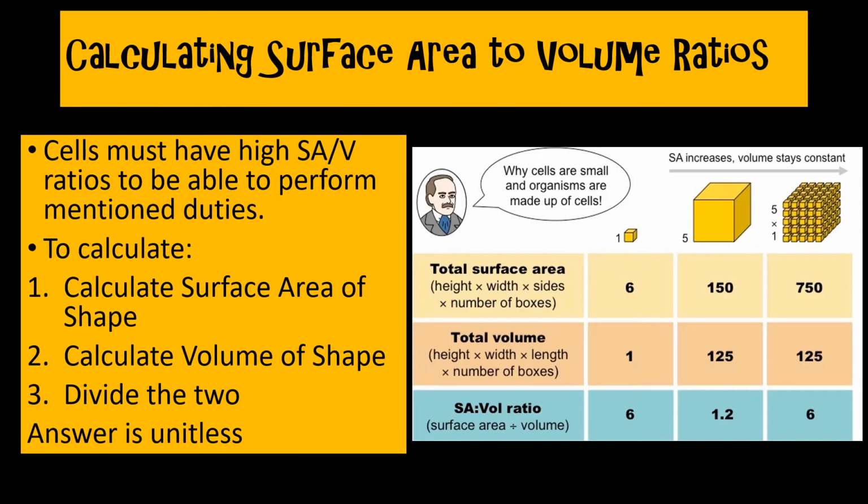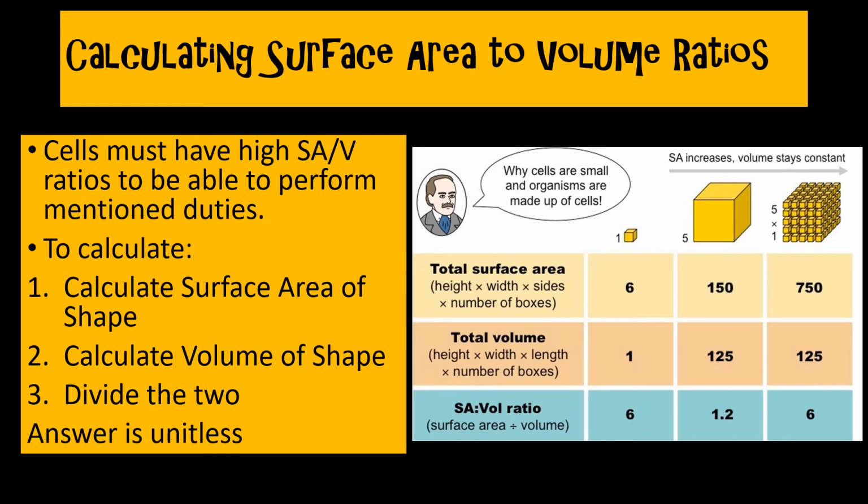The way you figure out if a cell is efficient at removing materials from its body or taking in nutrients is to calculate what's called the surface area to volume ratio, like we just did in the introduction. You simply calculate the surface area of the shape that's given. Most of the time in AP Biology, they will give you either a cube or a sphere. Then step 2, you calculate the volume of the shape, and then you divide the two.